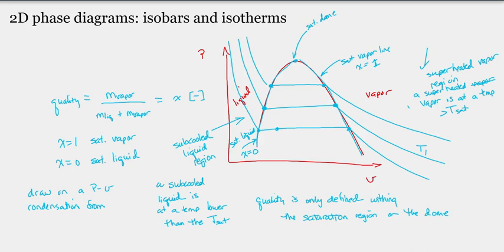Okay, let's get back to our question: draw on a PV diagram. First of all, always practice good habits. Draw your PV diagram, label the axes, put the dome on there, and put on your isotherms. Typically, I like 3 isotherms. Understand which temperature is higher than the other; these are lines of increasing temperature.